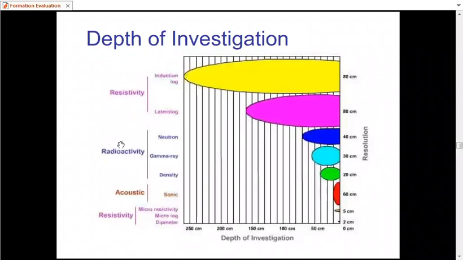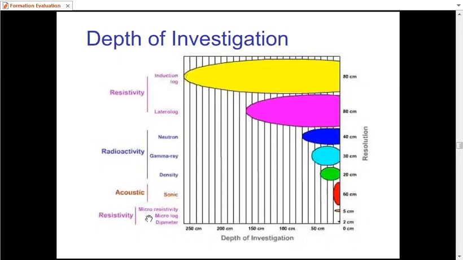If you are dealing with the neutron, gamma ray, and density logs, you have to deal with the maximum or identical depth of investigation. And when you are dealing with the sonic, you have a limited value for the depth of investigation.